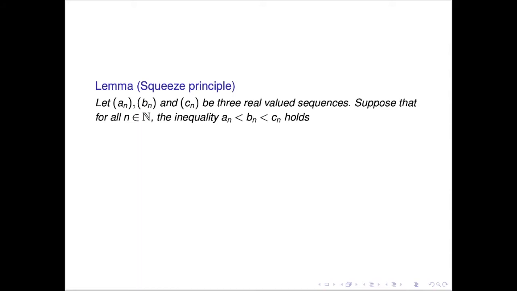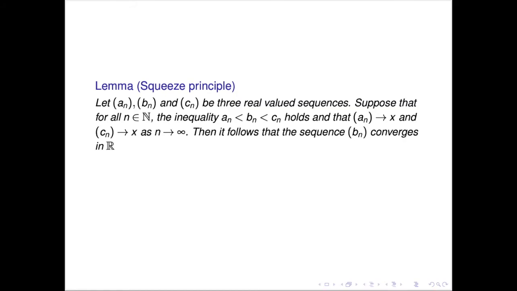So its statement goes as follows: let a_n, b_n and c_n be three real valued sequences, and suppose that for all natural numbers n, a sub n is strictly less than b sub n, which is strictly less than c sub n, and that the sequences a sub n and c sub n both converge to x as n tends to infinity. Then the squeeze principle states that the sequence b sub n also converges in R to the value x as n tends to infinity.